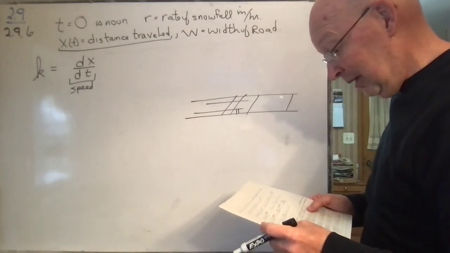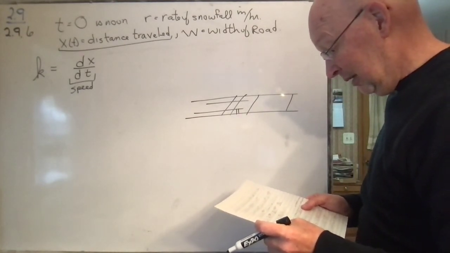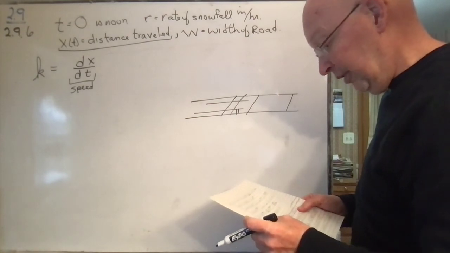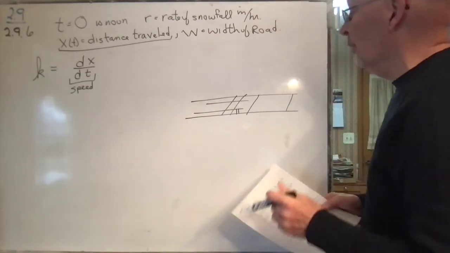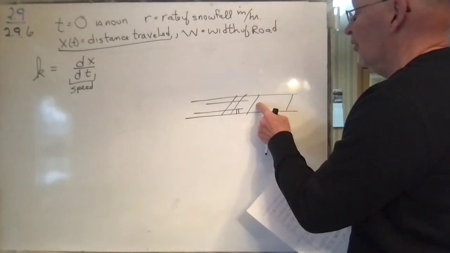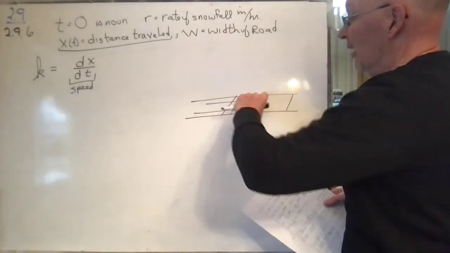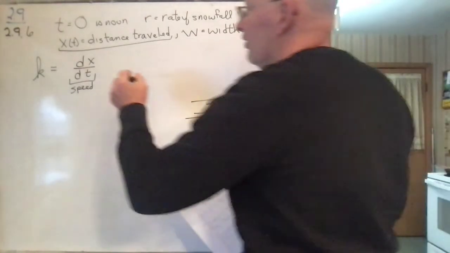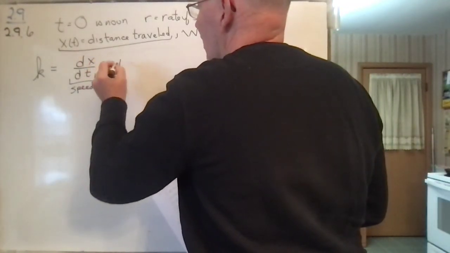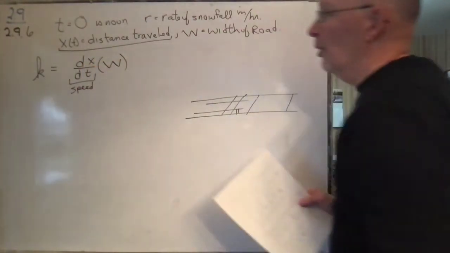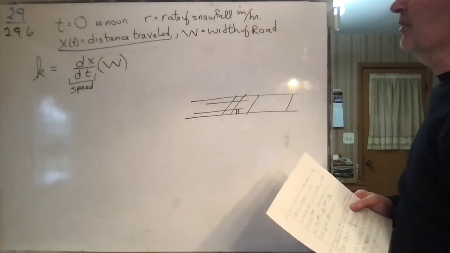Do I have time? Oh, we want the rate. So the rate at which it's doing it is going to be the speed times the width, and the width is w. And then we have to multiply that by the height.